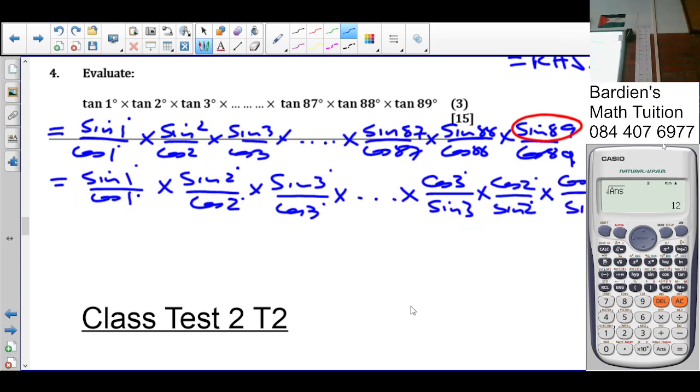You see that? What's going to happen now? Sine of 1 cancels sine of 1, cos of 1 cancels cos of 1. Sine of 2 with sine of 2, cos of 2 with cos of 2. All of that cancels. Leaves you with 1.